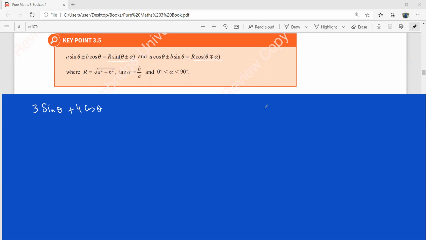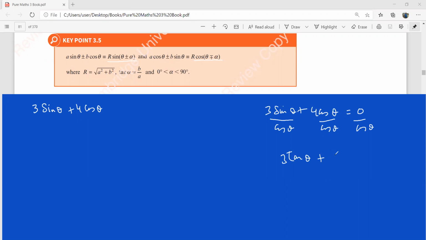See, in your P1 trigonometry, you have been seeing such equations where, for example, you have 3 sine theta plus 4 cos theta equal to 0. So we solve this equation by dividing both the sides by cos theta, and we end up with tan theta in our equation.